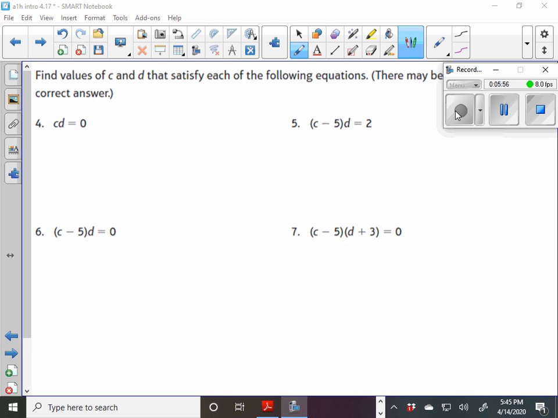I'm going to skip the first couple. We know for 6, c is either equal to 5 or c is equal to 0. Over here for 7, c minus 5 equals 0, therefore c equals 5, or d plus 3 equals 0, so d then has to equal negative 3. That's our zero product property, and a quick reminder of what all that's about.